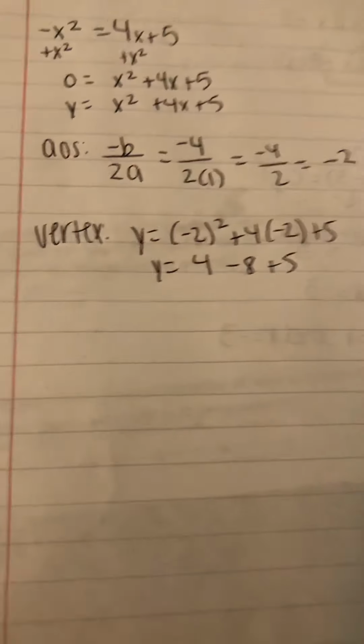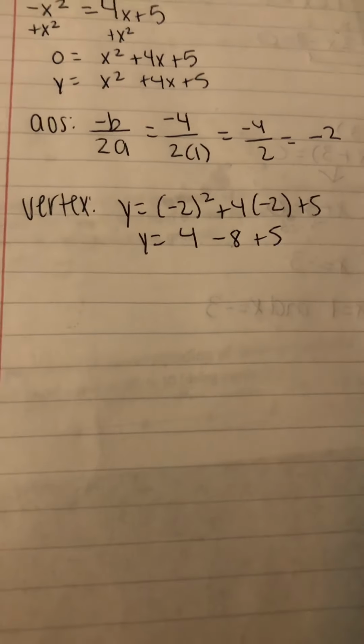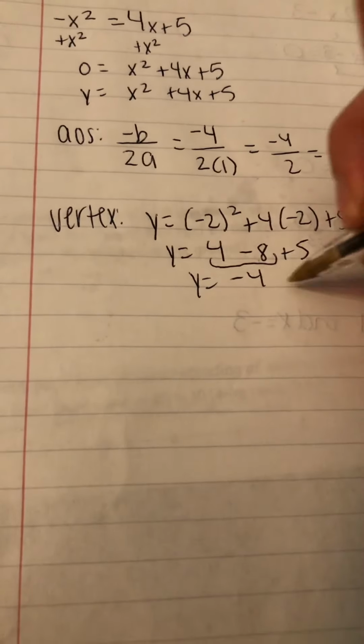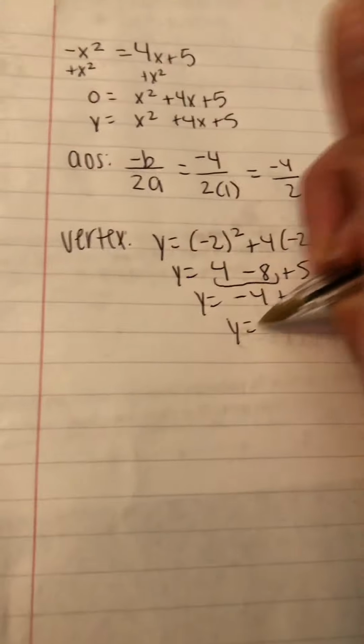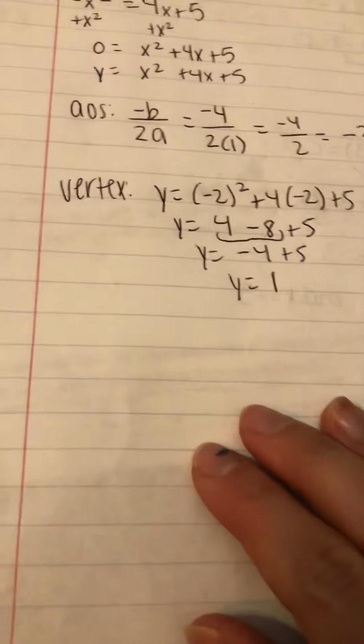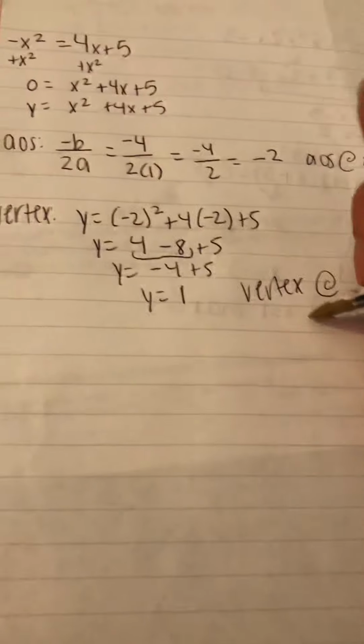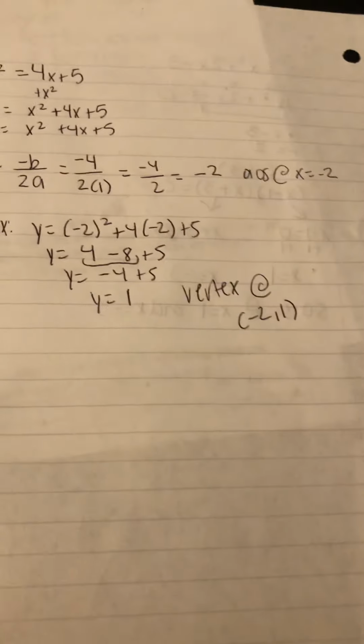And then plus 5. 4 minus 8 is negative 4. And negative 4 plus 5 is 1. So my vertex is at negative 2, 1.